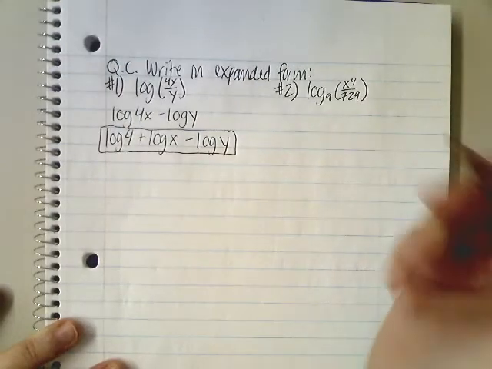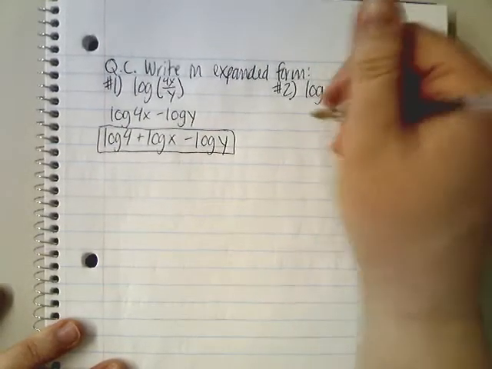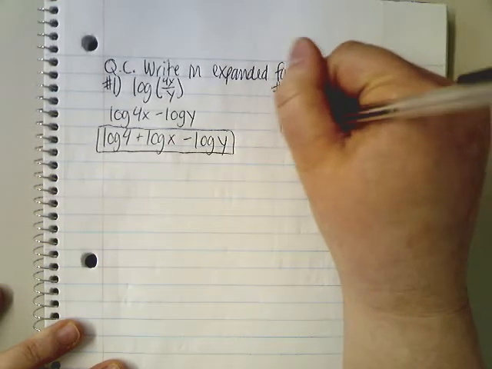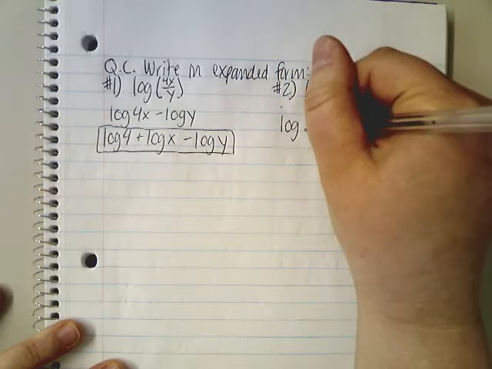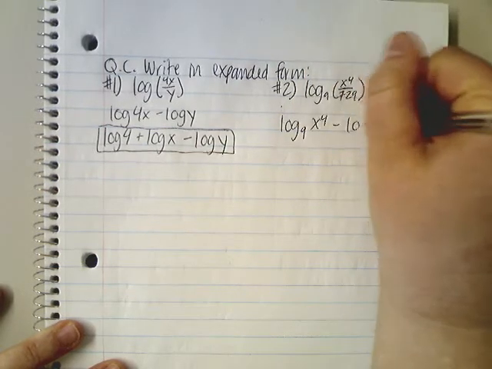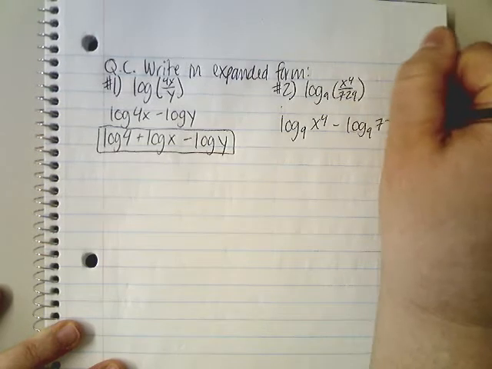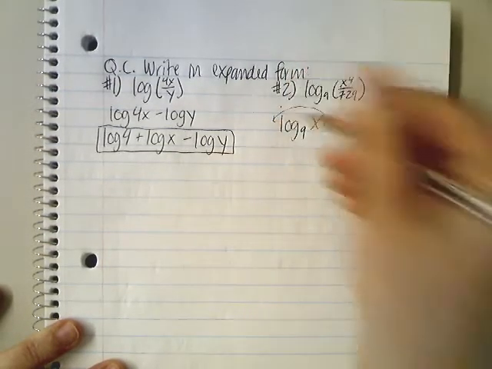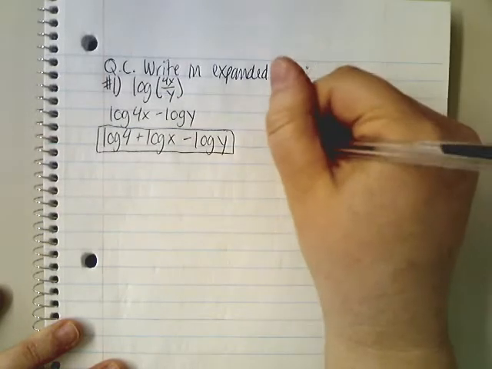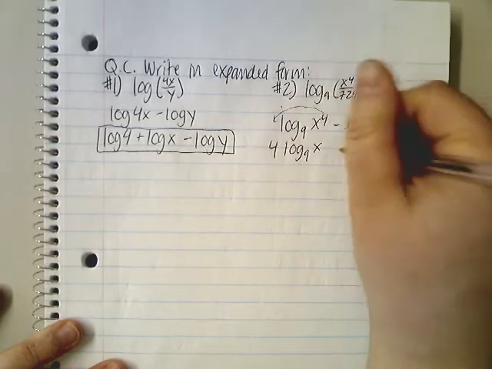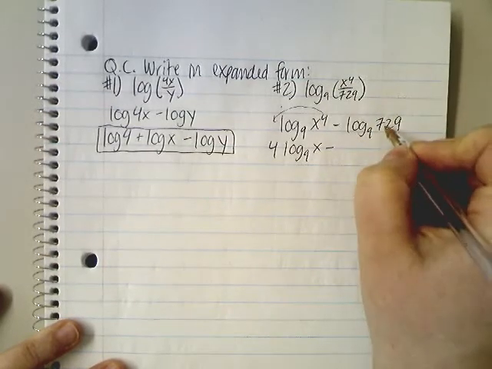All right, the next one, I'm going to similarly start by subtracting two logs of the same base since I'm dividing in the argument. So I have log base 9 of x to the 4th minus log base 9 of 729. Since I have an exponent on this, I know I'm allowed to bring that to the front using the power property. So I have 4 times log base 9 of x minus, I can evaluate this log here.